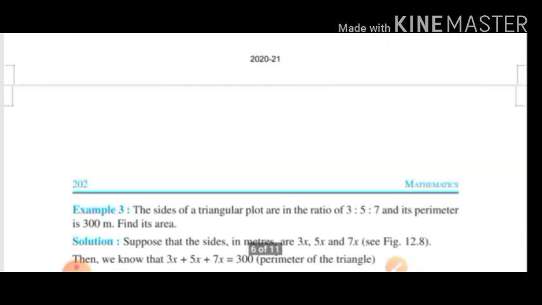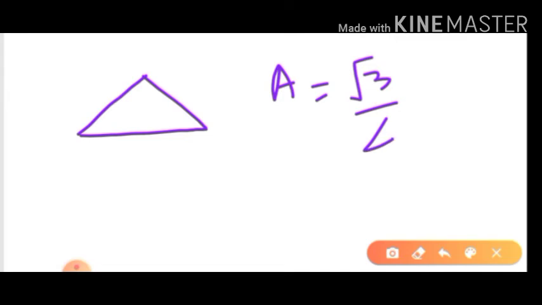One more thing to remember: for an equilateral triangle, you have to memorize this one. Area of an equilateral triangle is root 3 by 4 a square.